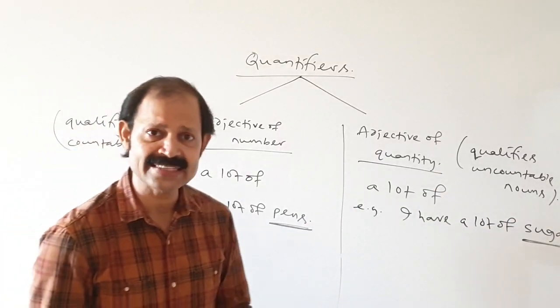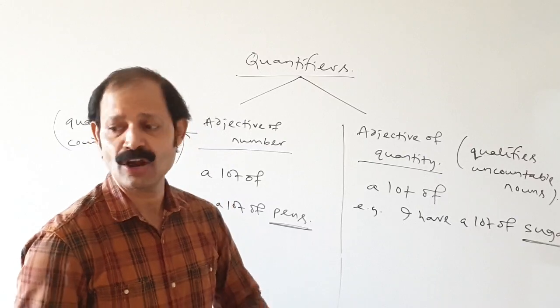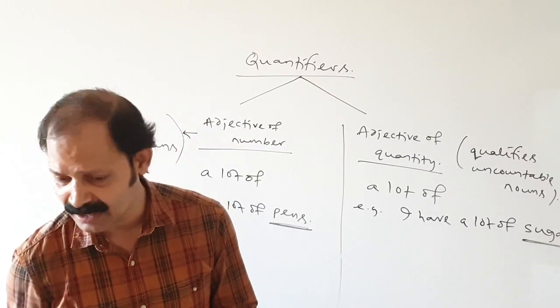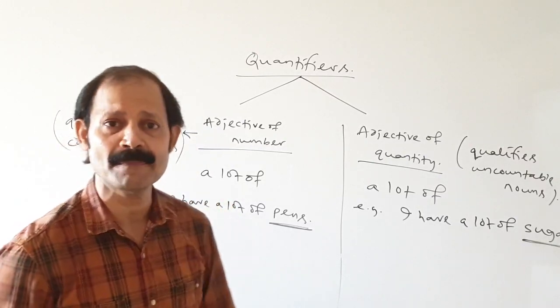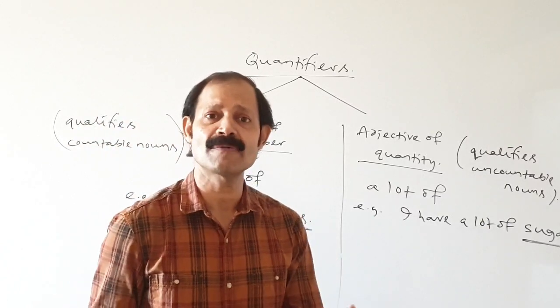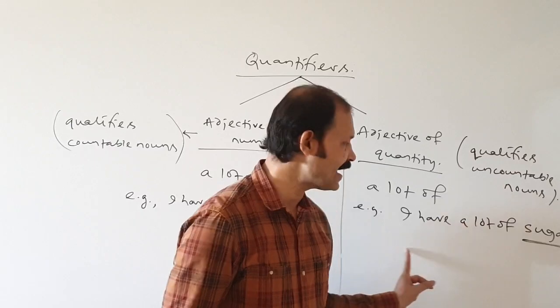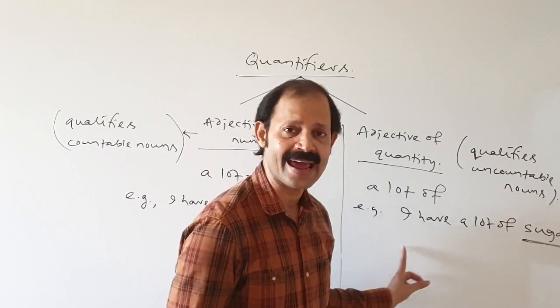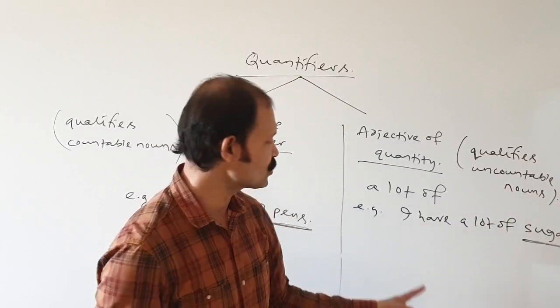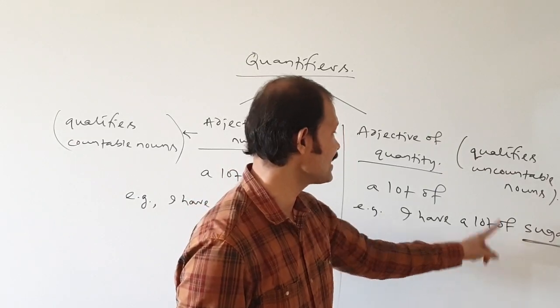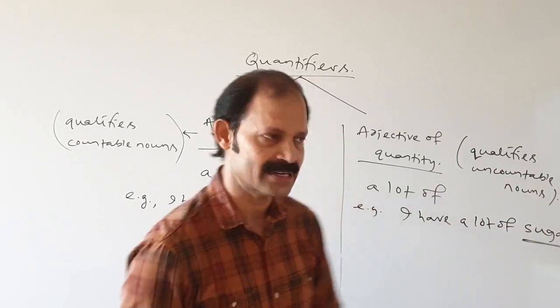When a lot of describes a countable noun, it is adjective of number. I have a lot of friends, I have a lot of books, I have a lot of pens, I have a lot of copies, I have a lot of pencils, etc. Similarly, I have a lot of sugar, I have a lot of rice, I have a lot of water, I have a lot of knowledge in this field. In all such cases, a lot of describes an uncountable noun, so it is adjective of quantity.